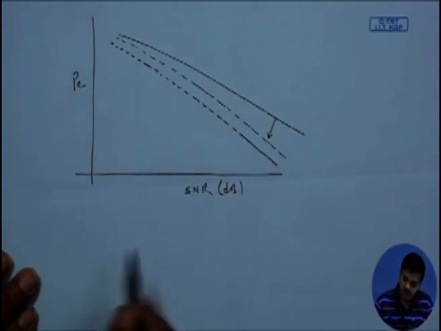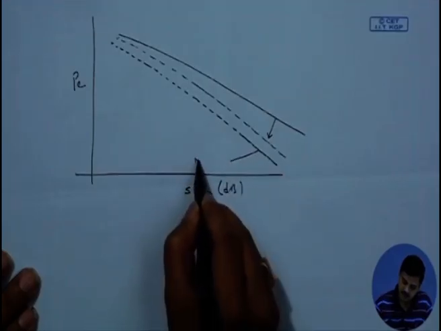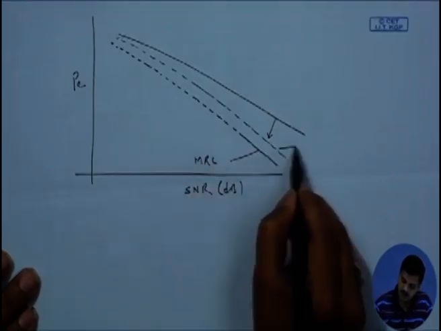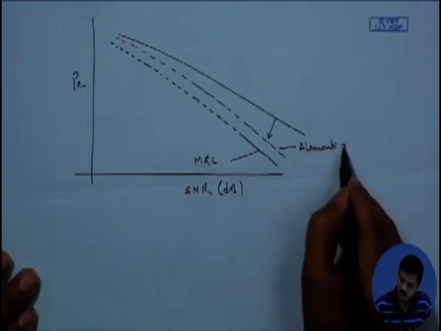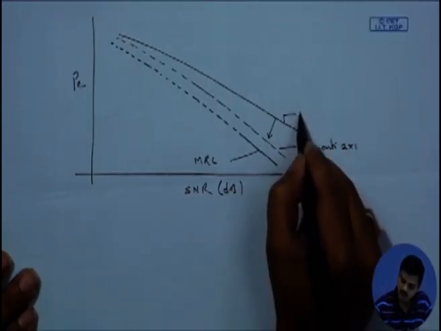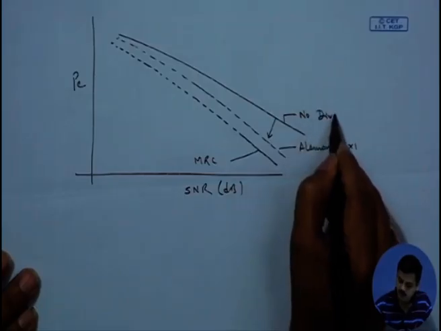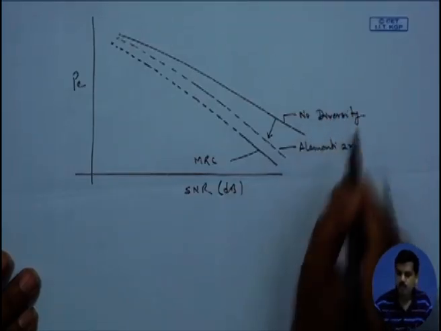So the array gain is also there. This is the case for MRC, this is the case for Alamouti scheme 2×1, and this is no diversity.